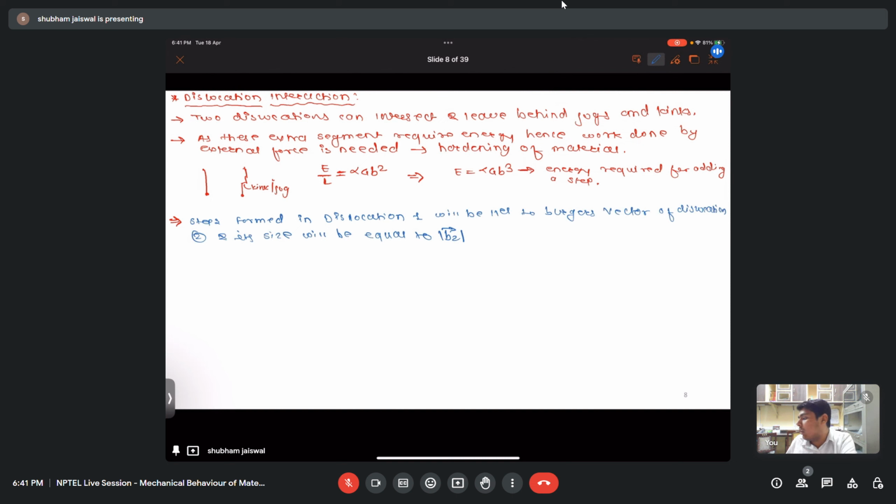Now if we consider the first case, that is two edge dislocations interacting with each other and their Burgers vectors are perpendicular.